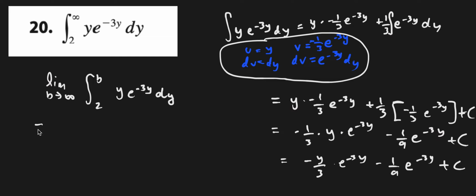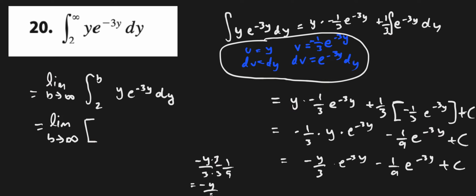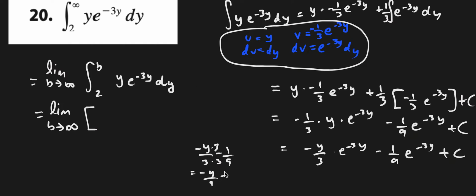So this is equal to, let me write this as a limit as b approaches infinity. What we can do is combine these two, right? Let's make this negative y by 3 minus 1 by 9, multiply by 3, negative y by 9 minus 1/9, negative 3y by 9, right?